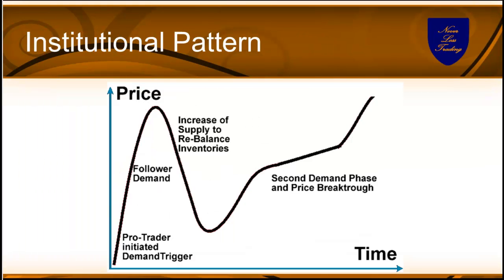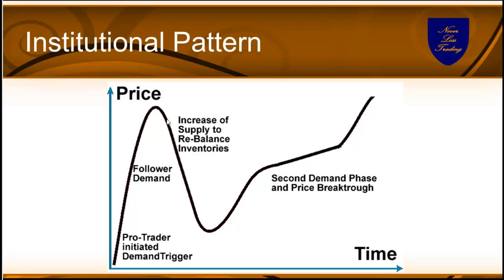This chart shows you now the typical price pattern that results from the action, transaction, and interaction of the institutional investors. Pro traders initiate a demand trigger. That gets visible on the side of the liquidity providers and also of others who are in the market. So the followers come in and increase the demand. So what is happening to the price as a result? Prices are rising. But at a certain point in time, it is lucrative for key asset holders or liquidity providers to flood supply.